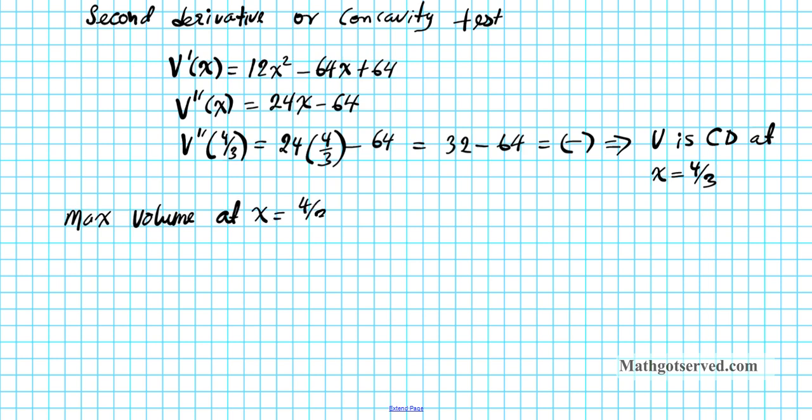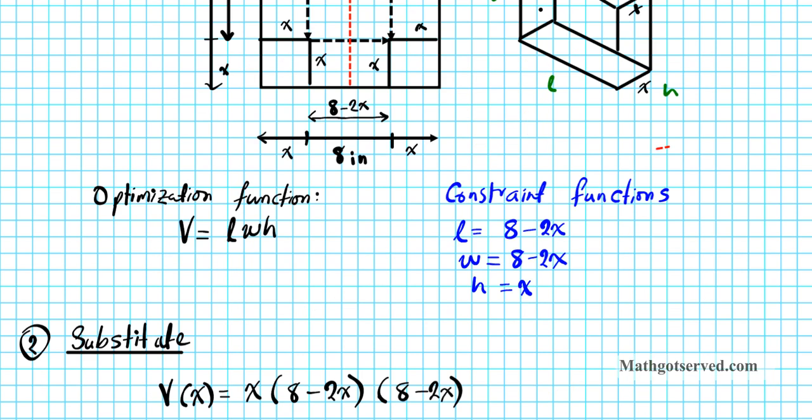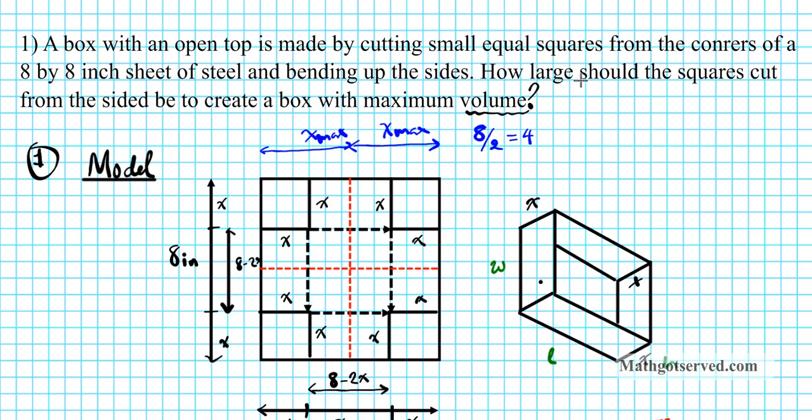That's where it's at. Okay, all right, the last piece, part 5, we're going to write our conclusion. Okay, conclusion. All right, so the conclusion, the question asked us how large should the square cuts be to create a box with maximum volume.